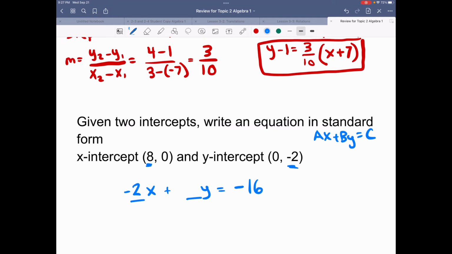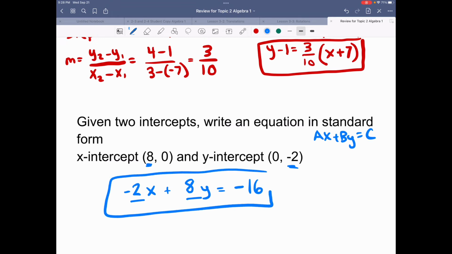And for the y, negative 2, what times negative 2 gives us negative 16? And it's 8. So there is a pattern here. I could have done this a different way. I could have made it positive 16, but this way works. So if I were to graph this, my intercepts would be at 8 for the x-intercept and negative 2 for the y-intercept.